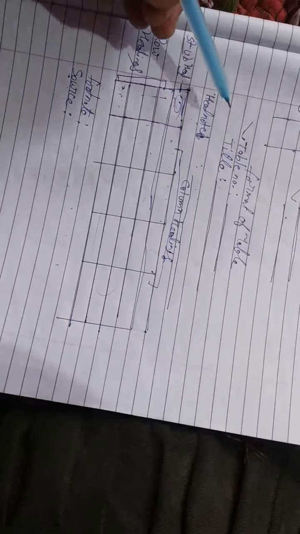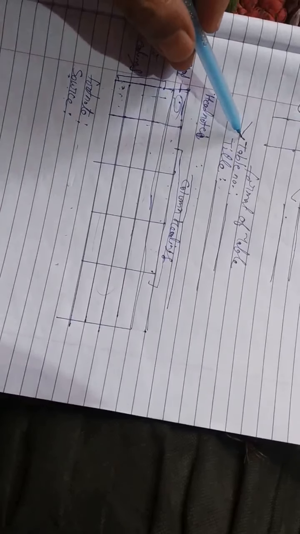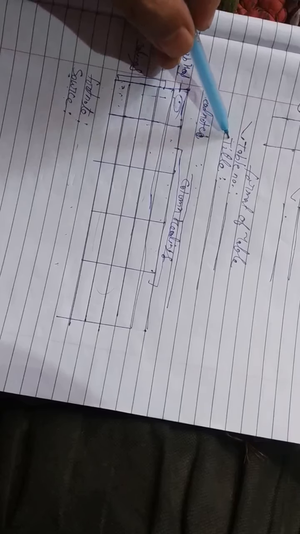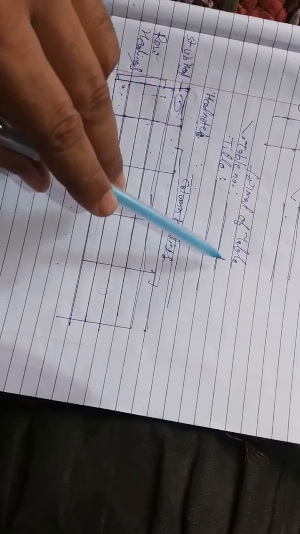So this is the tabular way of presentation. Again we see, first we write the table number, table number 1, 2, 3, 4, 5, any.